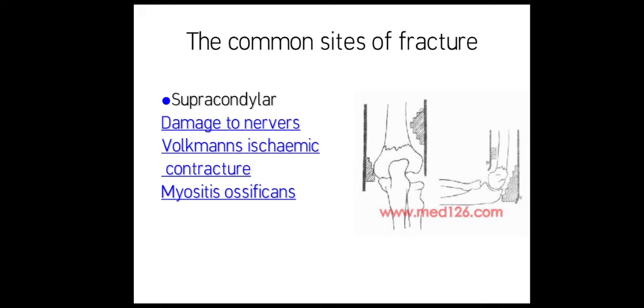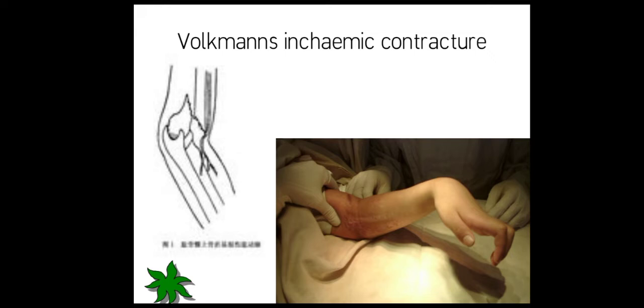Within that hematoma, sometimes there is calcium deposition and formation of bony tissue. That is known as myositis ossificans. Volkmann's ischemic contractures we'll see here after the injury to the supracondylar region of elbow.